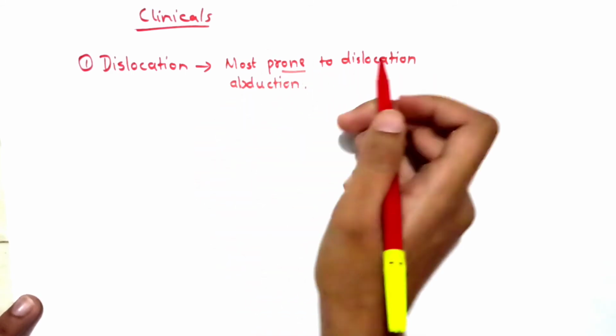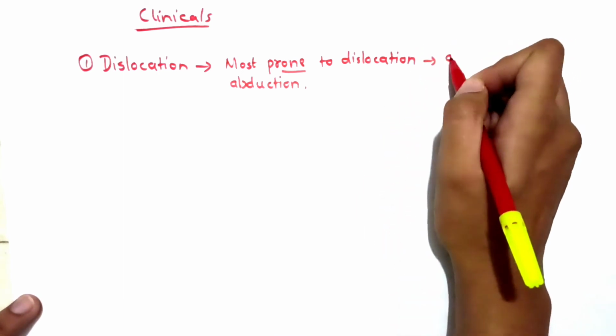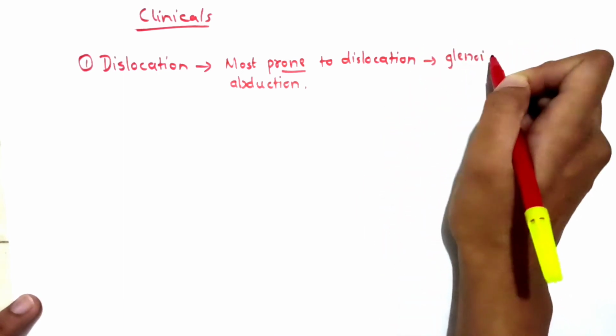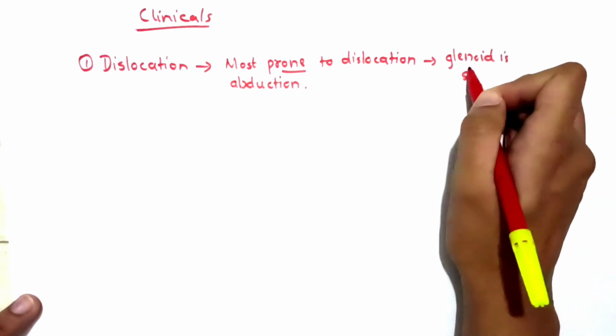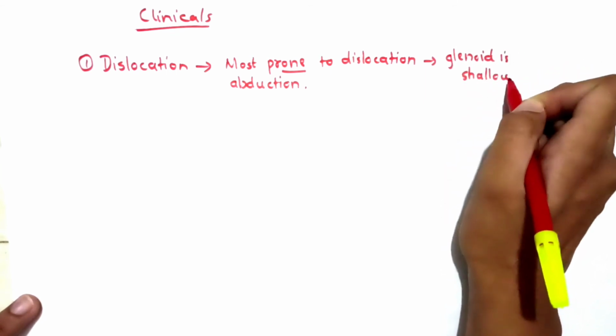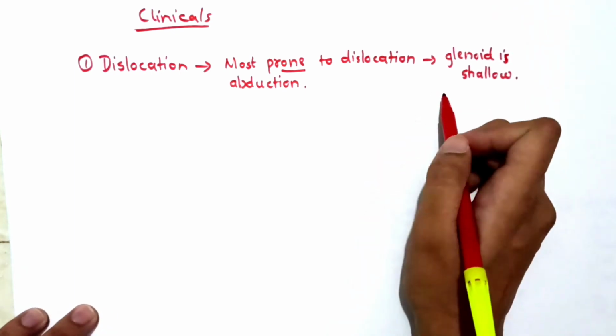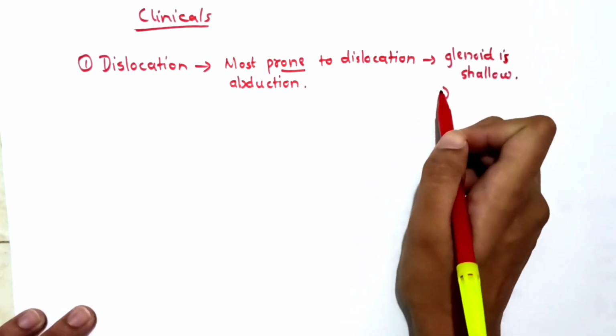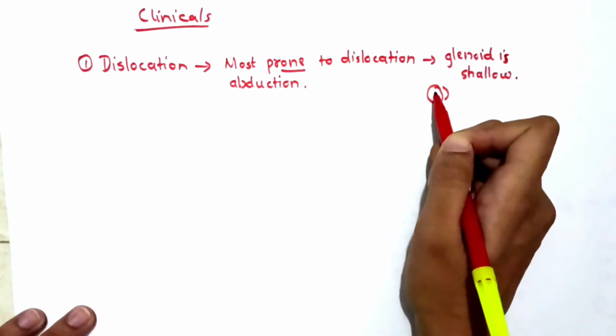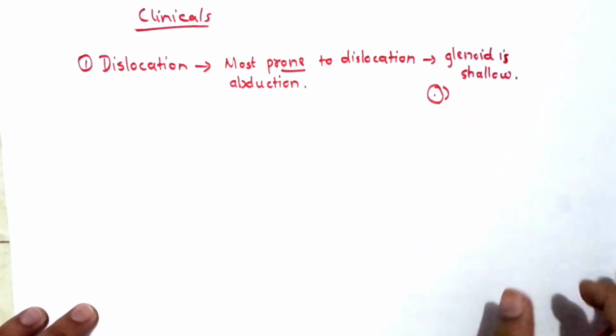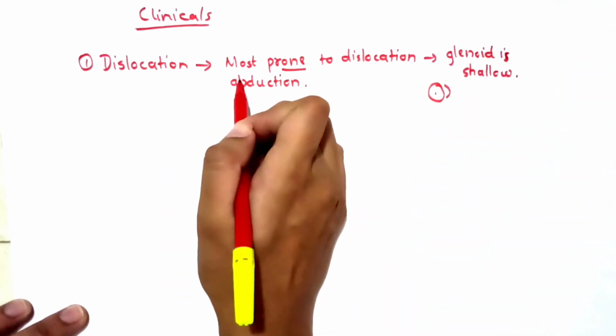Why is it more prone? Because we have already seen in our previous videos that the glenoid is shallow, not as deep as the head, so it cannot completely support the head. The glenoid cavity is so shallow and the head is large. That is why it becomes prone to dislocation, mainly in abduction.